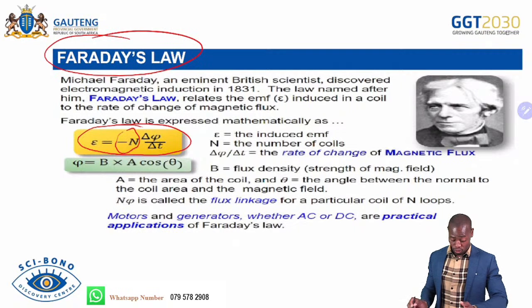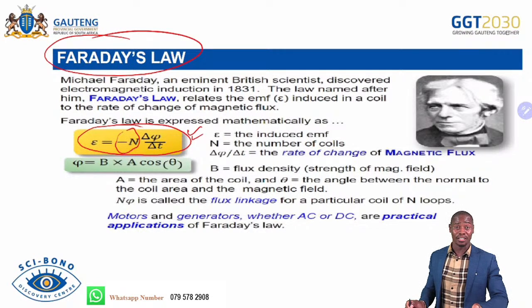All right. So this will assist us to check how we can increase the amount of EMF induced in a coil. For example, if we increase the number of turns or windings in a coil, or the number of coils, the EMF induced will increase.